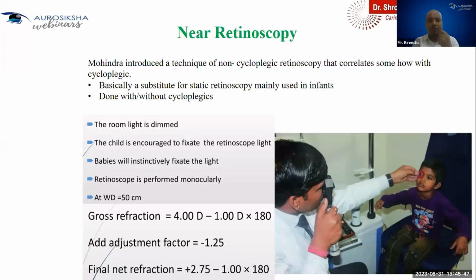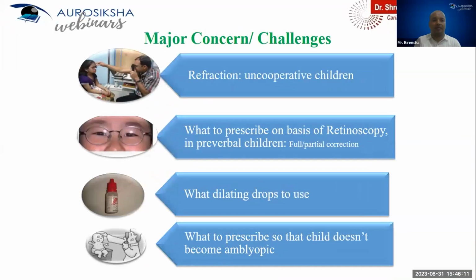Whichever gross value you find, you then deduct 1.5 for the working distance rather than 2 diopters, because here we have an illuminated target, so there is no tonus effect. So we will not deduct 0.75; we will deduct only 1.25.